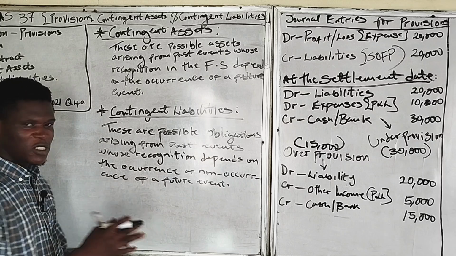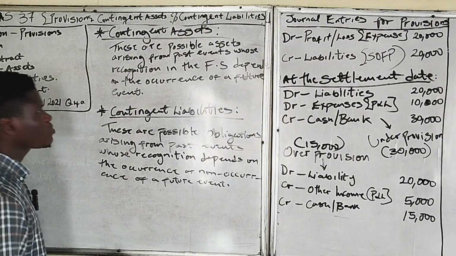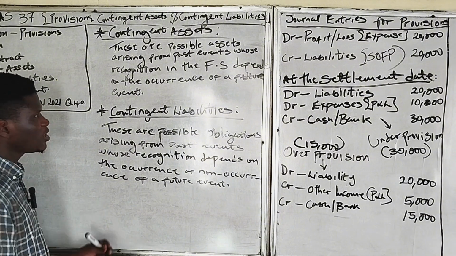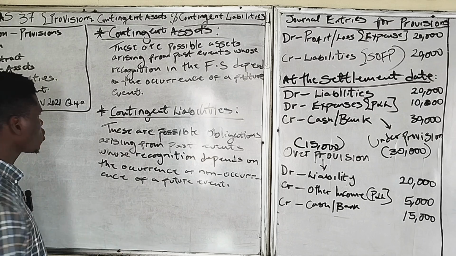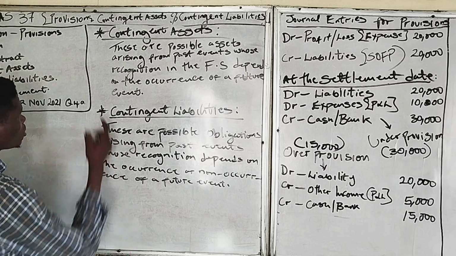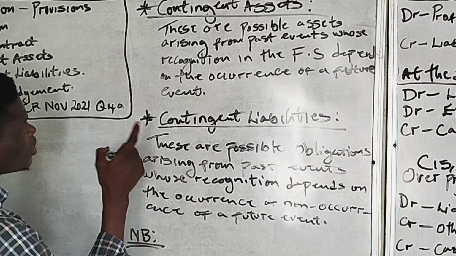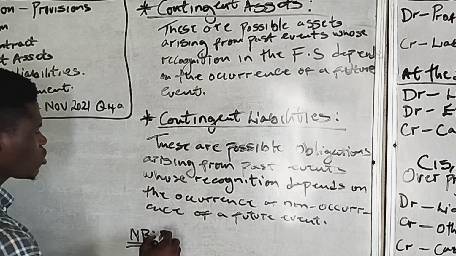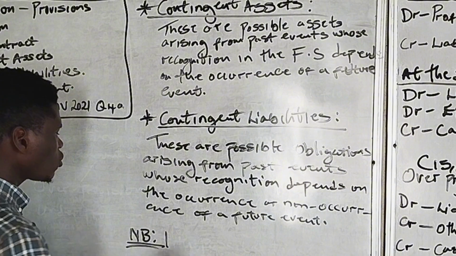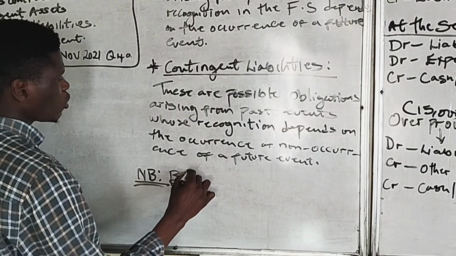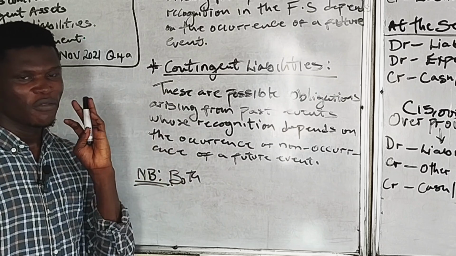So in all cases, we said they depend on an occurrence or non-occurrence of a future event. So it means there is no certainty that this thing will actually come in place or that this particular obligation will actually occur. Both contingent assets and liabilities, since they are not 100% guaranteed, should not be shown on the statement of financial position.